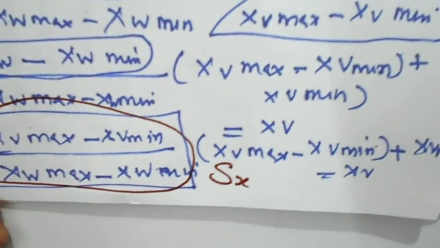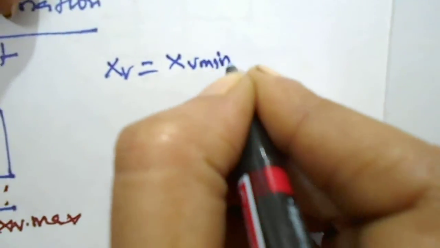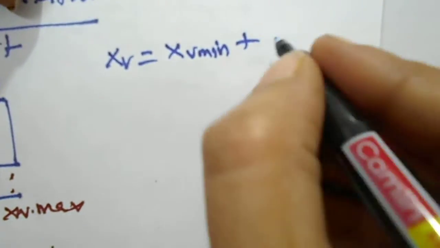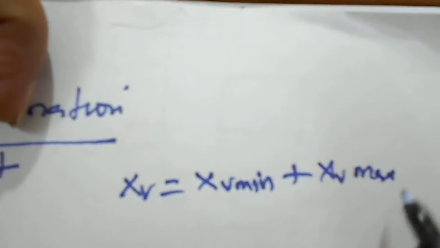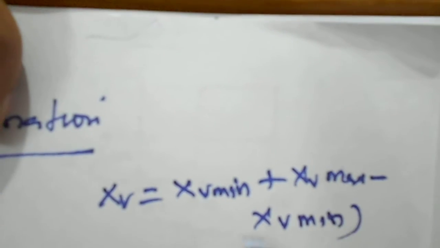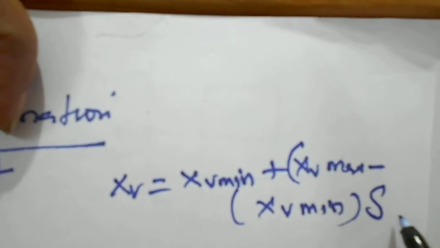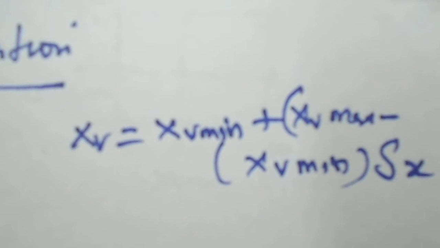Now we can simplify this. xv is equal to xv minimum plus xv max minus xv min, into scaling factor x. The same way we can find yv also.